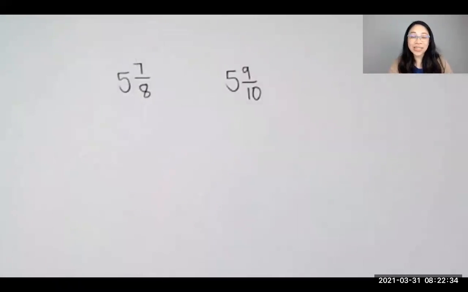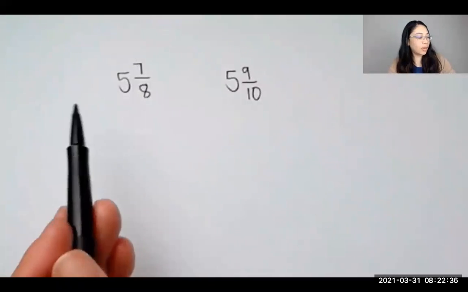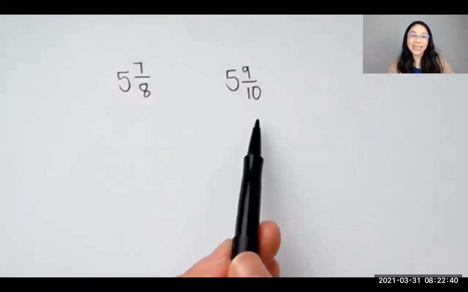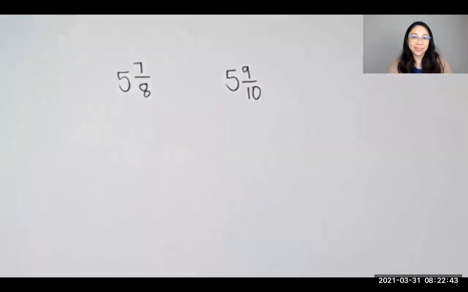The next two fractions that we'll be comparing, 5 and 7/8, 5 and 9/10. Think for a moment. Name the whole numbers that these two fractions are between. They're between the numbers 5 and 6.